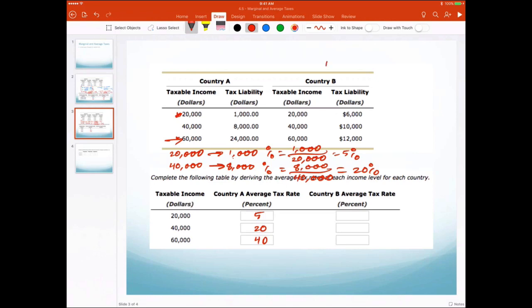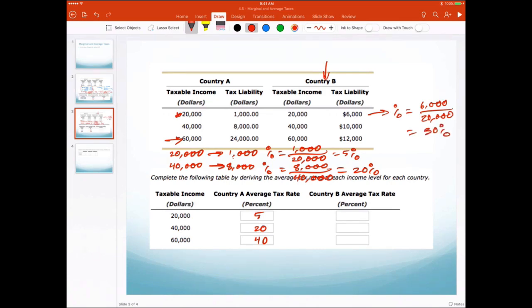Now, for country B, you would do the same thing, right? The percentage for here is going to be equal to 6,000 divided by 20,000. Okay. Which should give you 30%. Right?